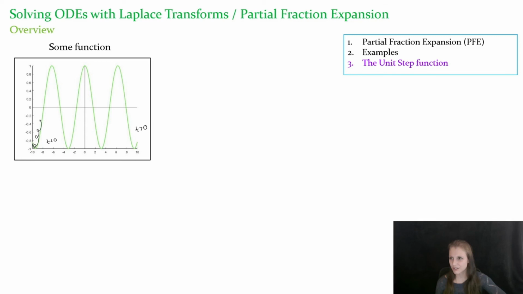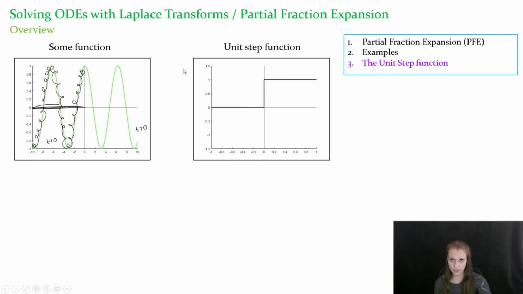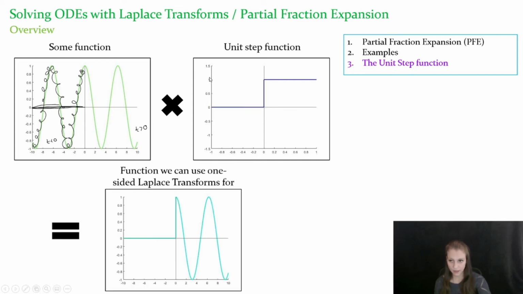So in order to use the one-sided Laplace transforms, we need to get rid of this wave, and it needs to be a function value of 0. So we introduce the unit step and we multiply them together. And now we get something that looks like this, where for all time less than 0, our function value is 0. And for time greater than 0, our function value is doing whatever our happy little function wants to do.